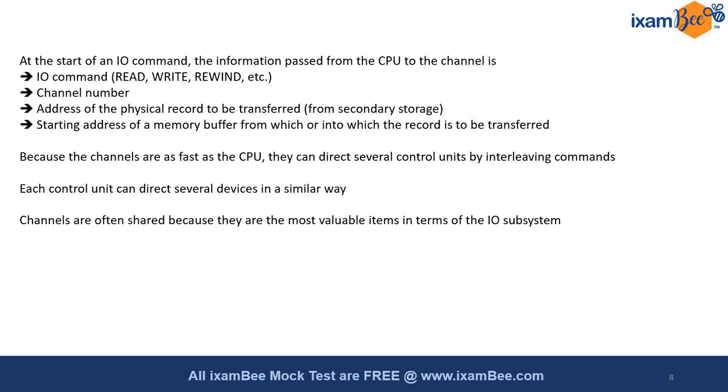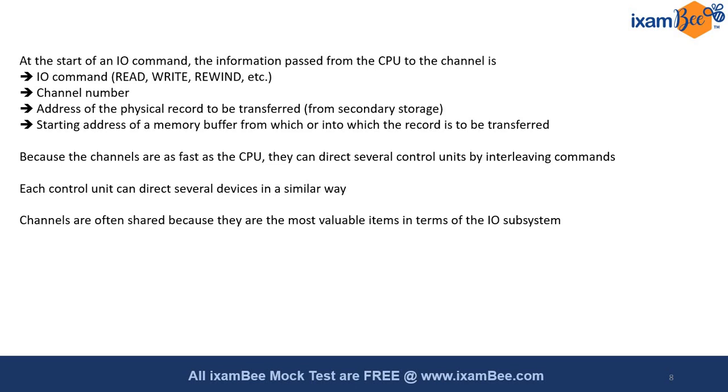Then the address of the physical record that has to be transferred from the secondary memory basically, and we have understood this particular concept in virtual memory as well. So now you can establish a link between the IO subsystem and virtual memory as well. Then the starting address of the memory buffer from which or to which the record has to be transferred. So that is the way the IO commands actually work.